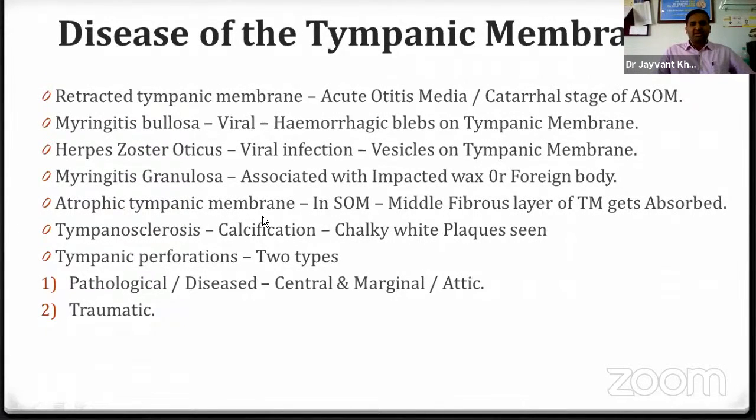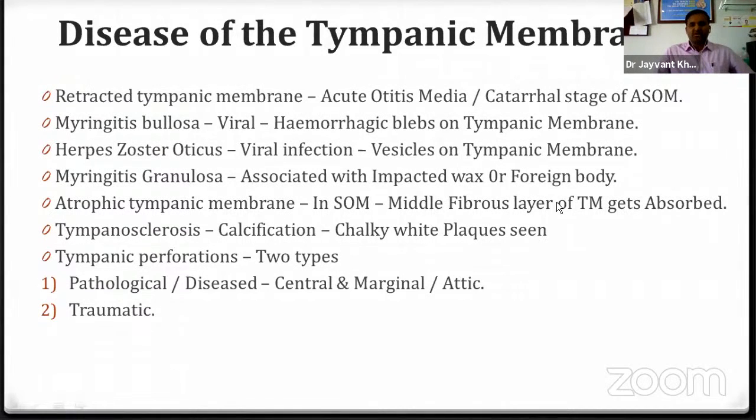Atrophic tympanic membrane in serous otitis media: the middle fibrous layer of the TM gets absorbed. There are three layers of the tympanic membrane: outer epithelial, middle fibrous, and inner mucous layer.